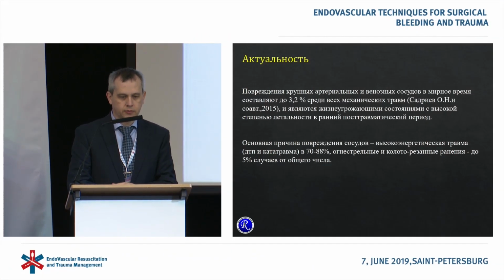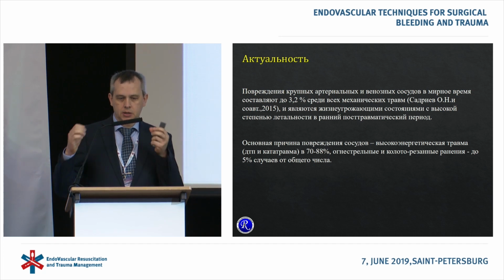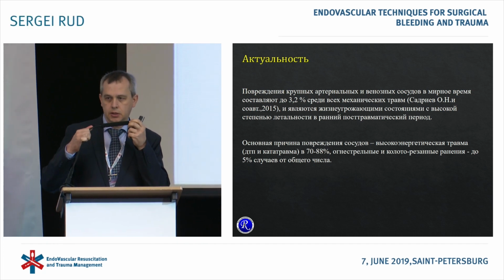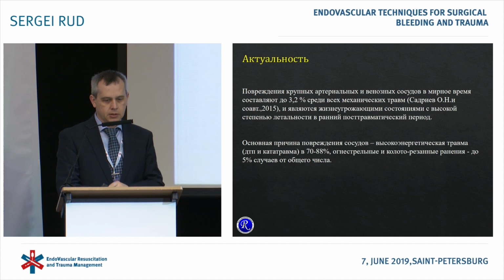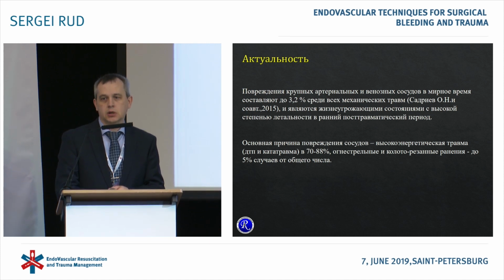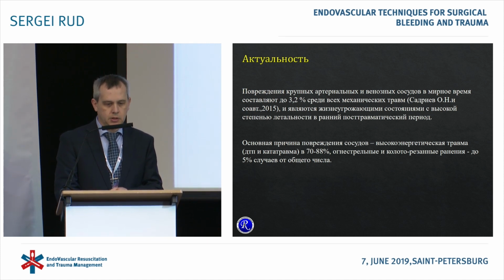Highly esteemed colleagues, the incidence of violation of main arteries or veins among all mechanical traumas is quite rare, around 3.2%, but the mortality in case of such traumas reaches 90% and higher.